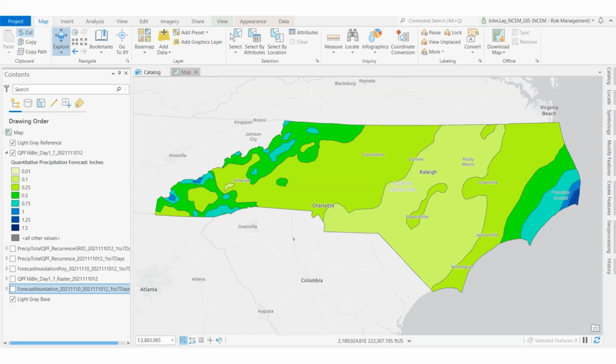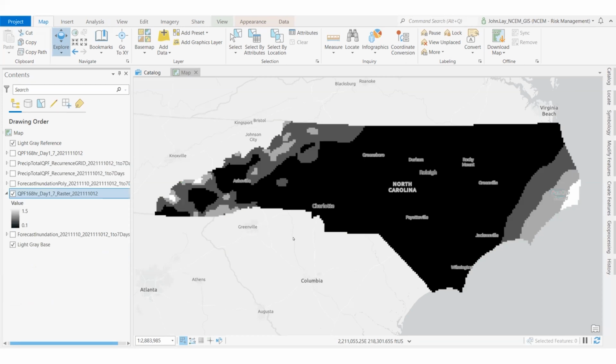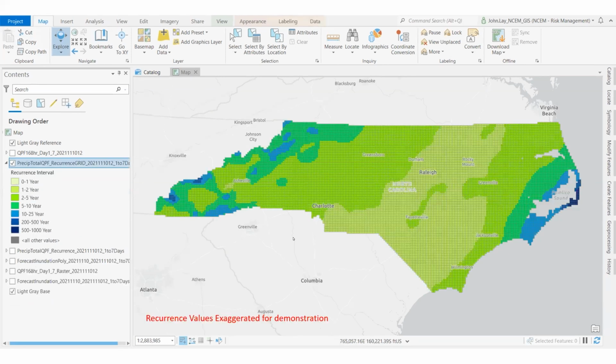And because forecast precipitation information is in a shape file, you have to first convert it into a raster. Because what we're going to be doing is taking points in a grid and assigning values to each of those points. So the precipitation boundaries or areas are rasterized, then turned into a grid.